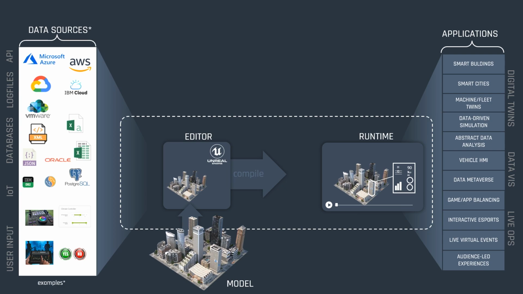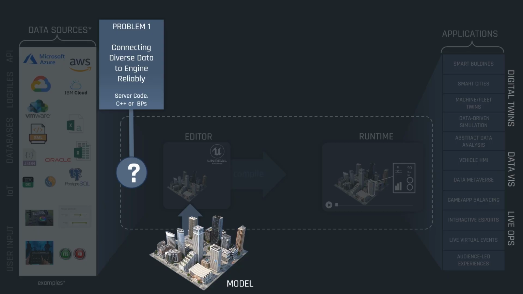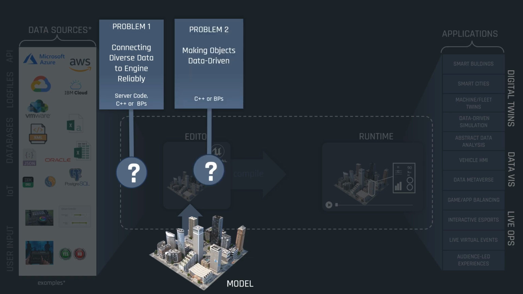There are many difficulties building data-driven projects that can be very hard, especially if you've never done it before. So let's outline some problems. Problem 1. You need to somehow connect all of that data to an engine reliably, something that never breaks, that connection. This will probably entail C++ or blueprints, and maybe understanding server and API code and JSON file management.